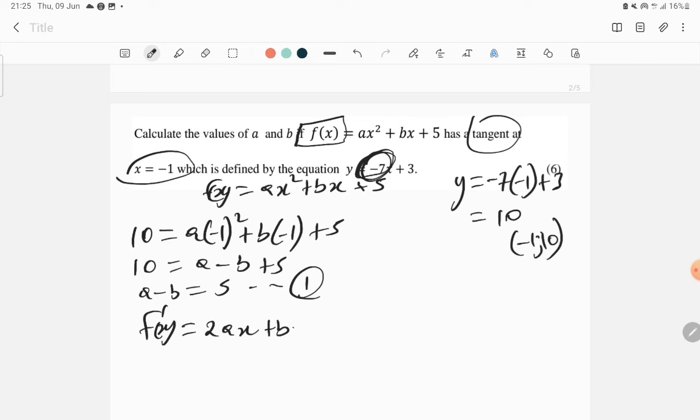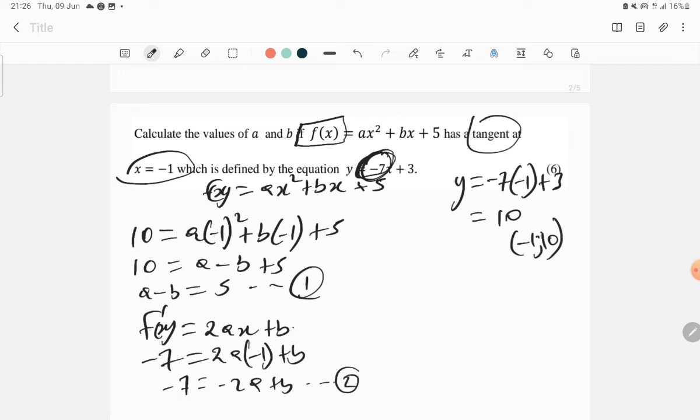The derivative is equal to -7, which is the gradient. So we have -7 equal to -2a plus b at x is equal to -1. On that note, we can summarize: -2a plus b is equal to -7. So this is equation number 2.